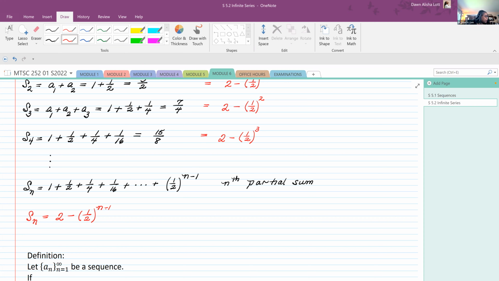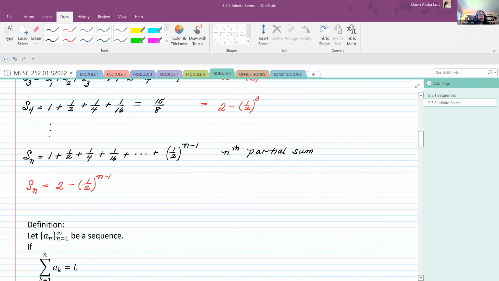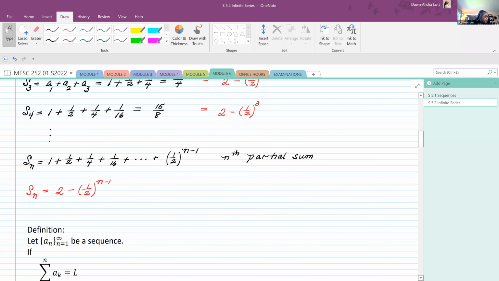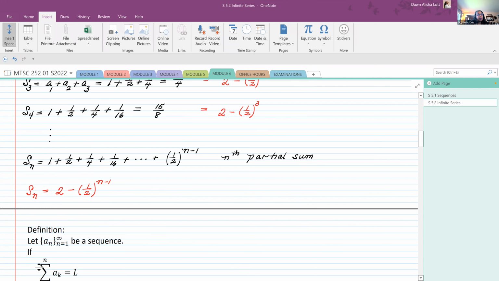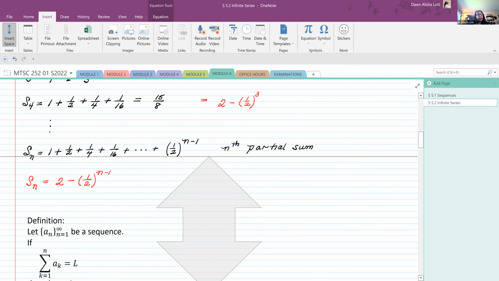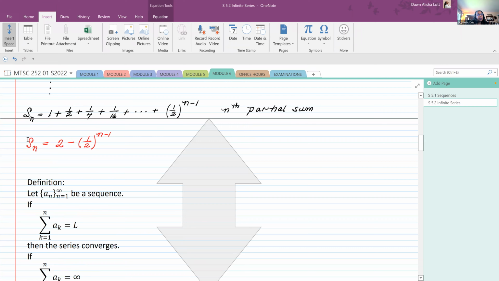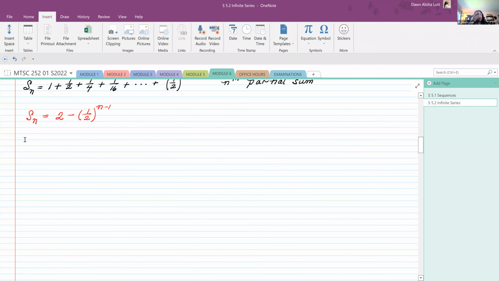Now we want to define how you actually find the limit of a series.